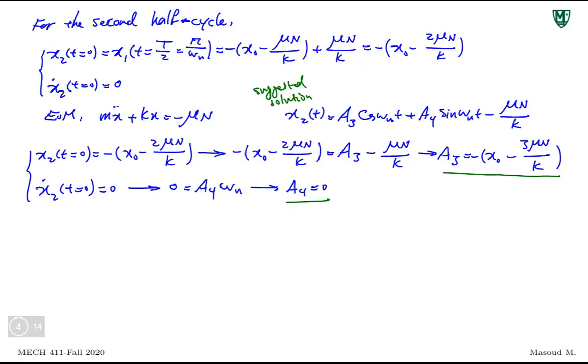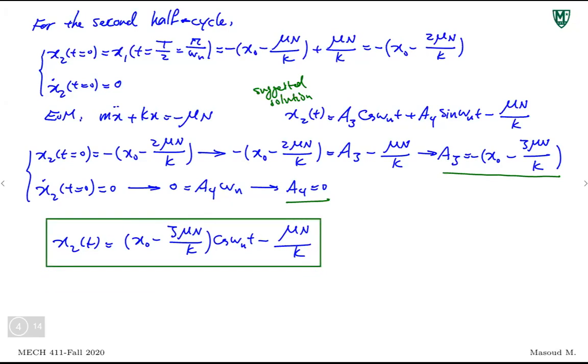So the system response now for this part, or second half of the cycle, becomes x naught minus 3 mu n over k cosine omega n t. I'm just plugging in A3 minus mu n over k. Did I do it right? Hopefully I did. So this becomes a system response.